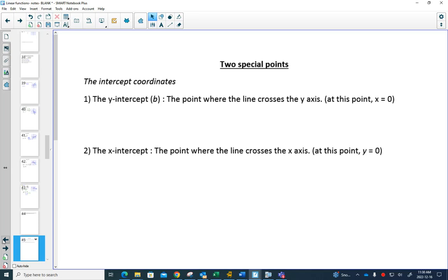Is it pretty obvious in y equals mx plus b, if you plug in 0 for x, what's y going to equal? B. Right? But you can plug in 0 for x even if it's not in y equals mx plus b form. And then if you get y by itself, you've solved for your y-intercept. Similarly, your x-intercept is when y is equal to 0.